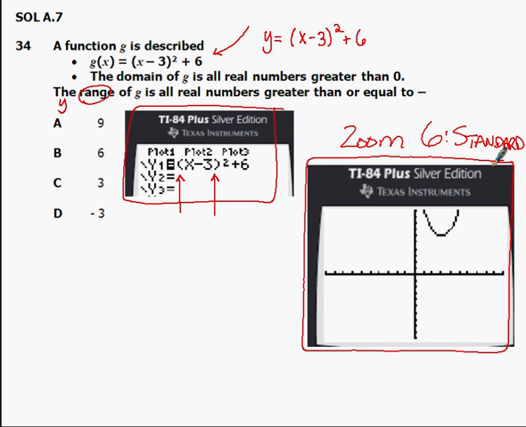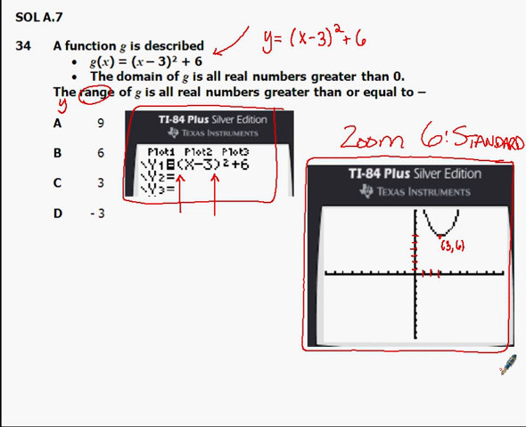So I'm going to locate the low part on my graph, which is sitting right here, my vertex, and it looks like my vertex sits at probably 3, 6. I'm thinking it's 3, 6.